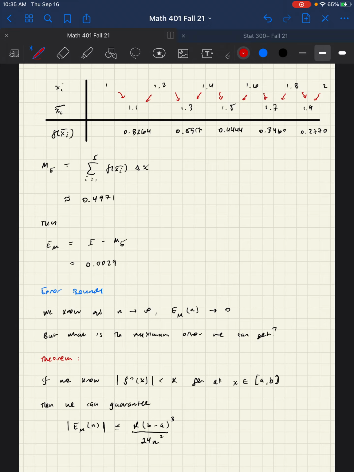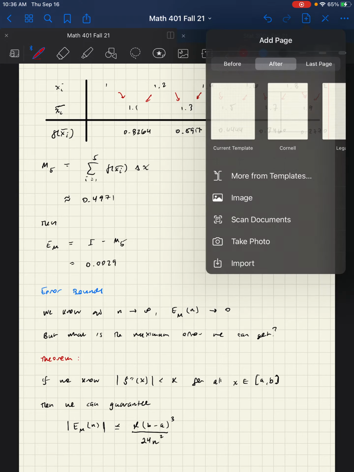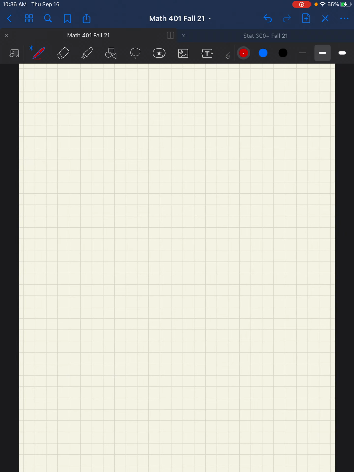It also depends on the length of the interval that we're talking about. And lastly, it depends inversely on the square of n. So in other words, there is a relationship here between the number of subdivisions, the function itself, the length of the interval over which we're integrating, and the error.